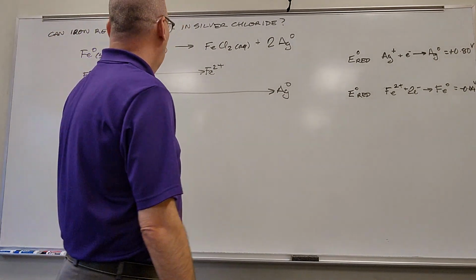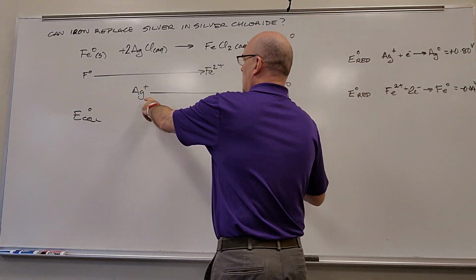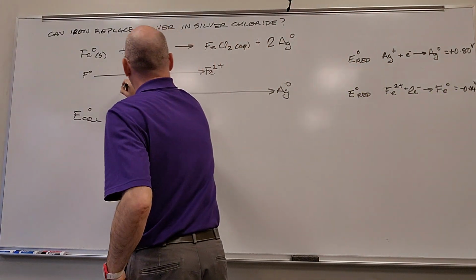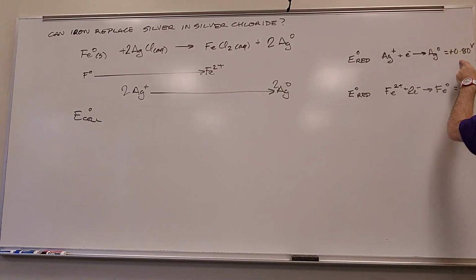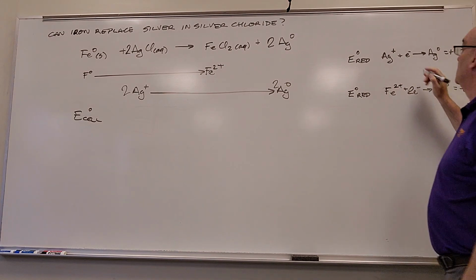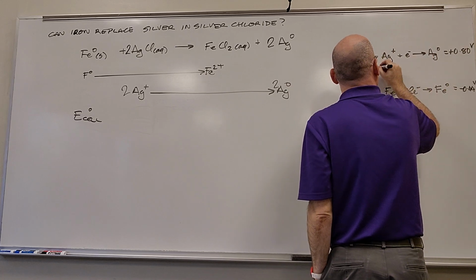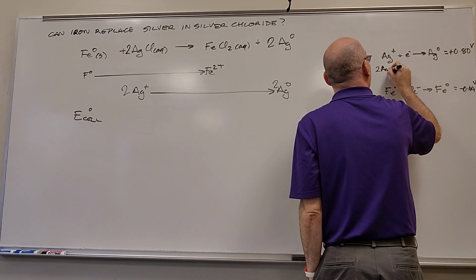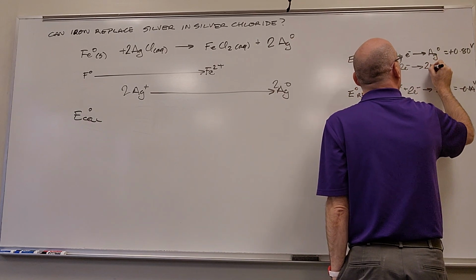All right, first up. We go from silver+ to silver 0, but there's 2 of them. What do we do to this number? Nothing. Nothing at all. The reduction potential for 1 silver+ going to silver 0 is the same.